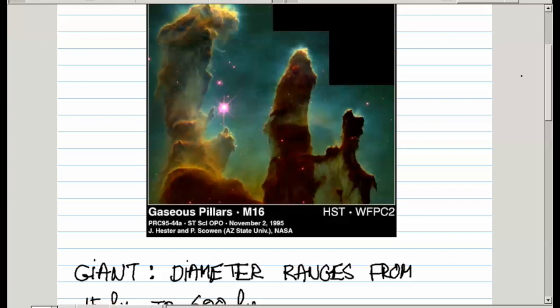So what Messier did, he actually located all of these and put them in a catalog, and this particular one had the catalog number 16, so therefore it is M16. And of course, much later with the Hubble Space Telescope we found out what these diffuse regions in the night sky really are, right?